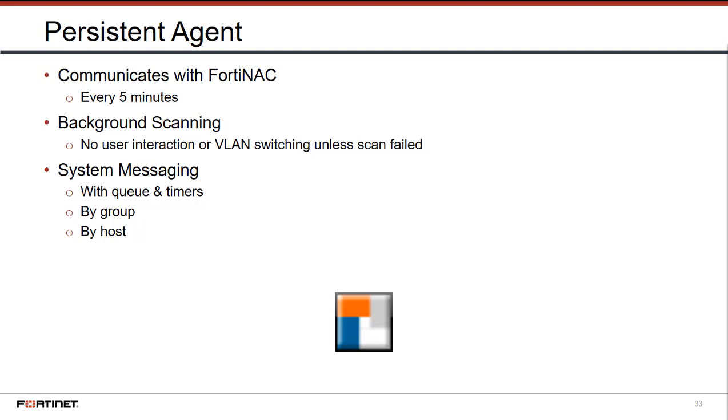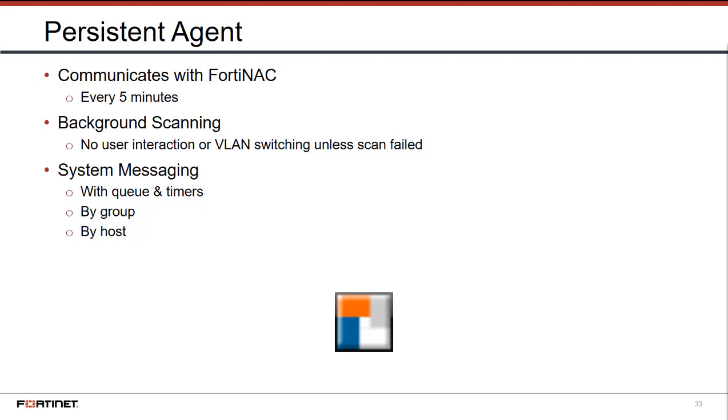So if you have a policy in place where you want to scan your endpoints for compliance, say every week, using the persistent agent can make that process completely transparent to the end user, because they won't even necessarily know the scan has taken place. So that's a nice advantage of the persistent agent as opposed to some other agent option like dissolvable agent, which we'll talk about later.